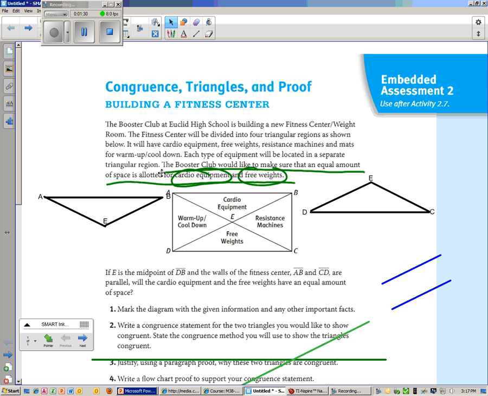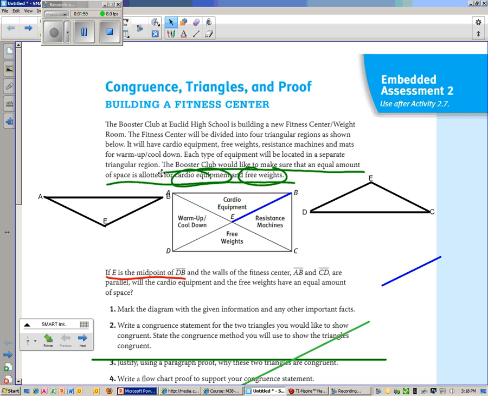All right, so I'm going to give you a couple of hints there. First thing it says, if E is the midpoint of DB, all right, that's the first thing. So you have to know what the definition of a midpoint is. Okay. And when you have a midpoint, you create two equal segments.